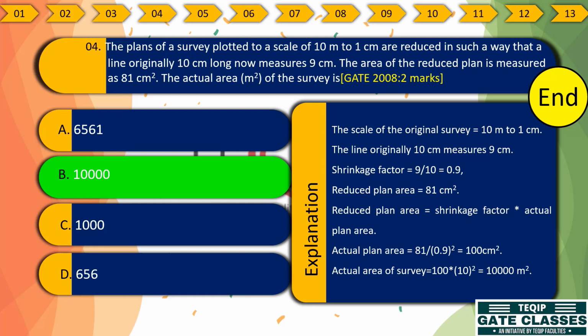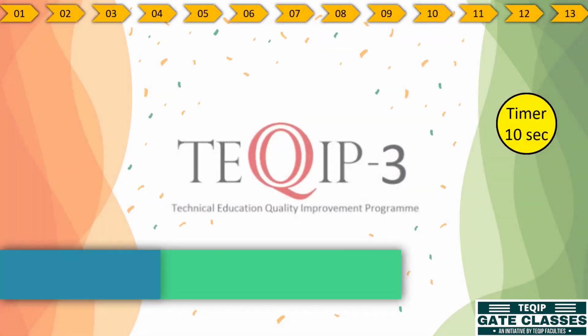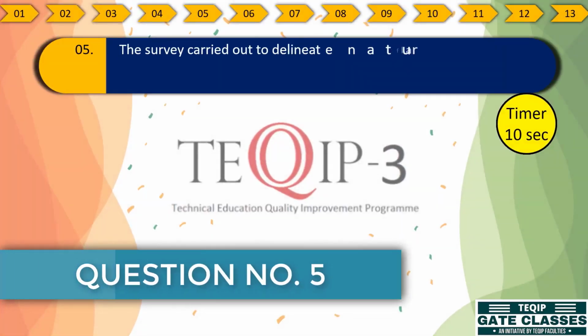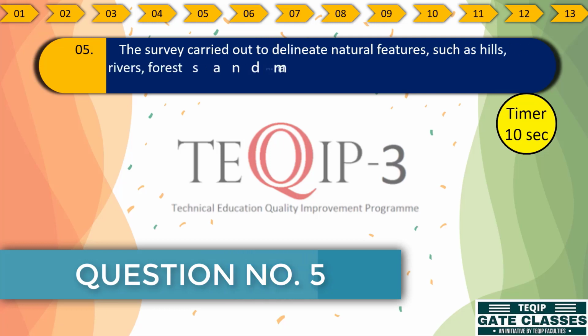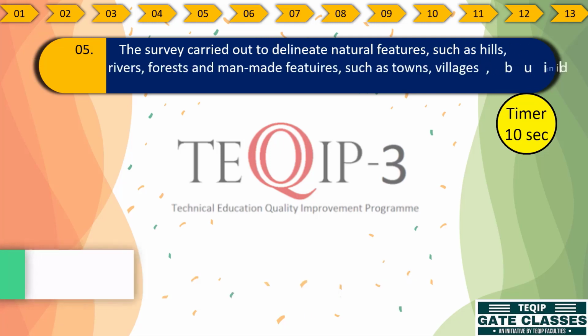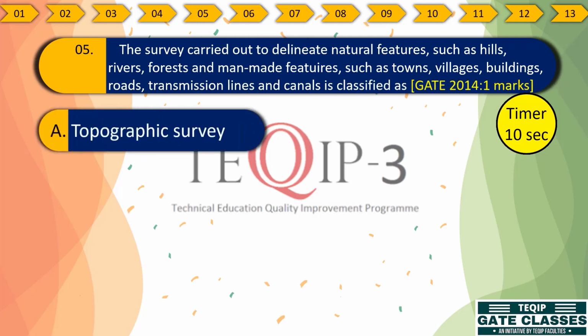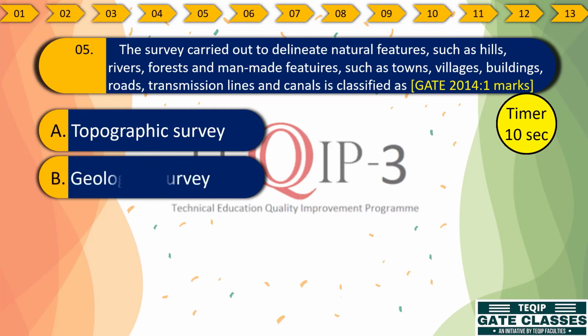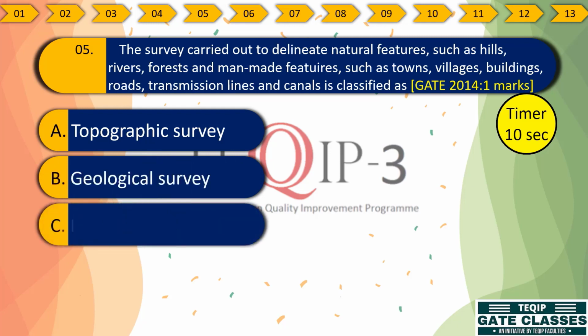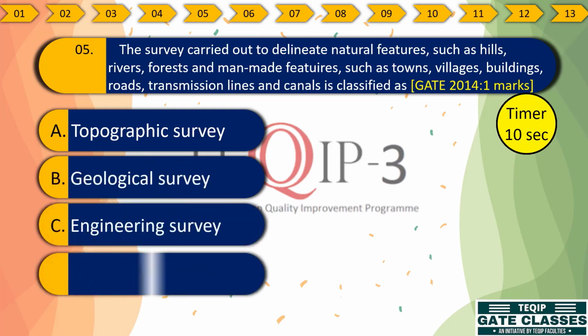So come to the next question, that is question number 5. The survey carried out to delineate natural features such as hills, river, forest, and man-made features such as town, village, buildings, road, transmission line, and canal is classified as topographic survey, geological survey, engineering survey, or land survey.